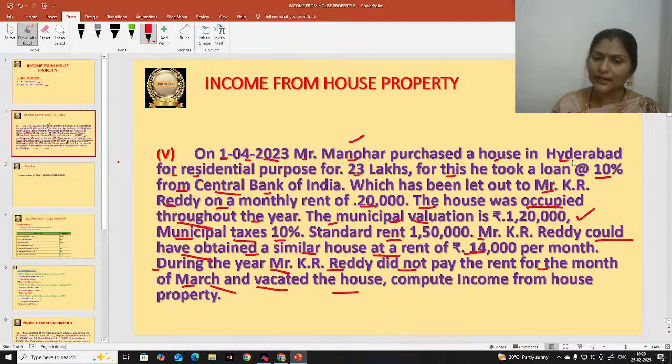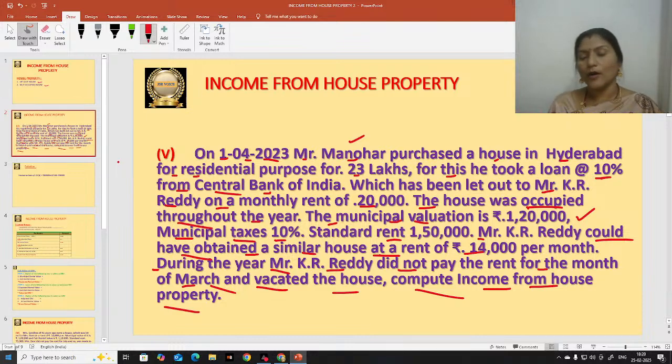Only 11 months rent. Later the tenant vacated the house. We are going to calculate income from house property, but here we are going to consider one point, that 1 month rent our assessee did not receive. So keep that point in your mind, and here they asked to compute income from house property.